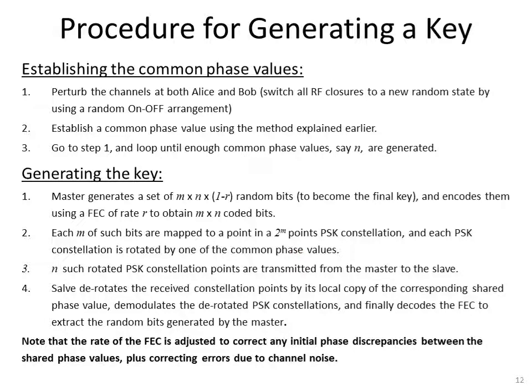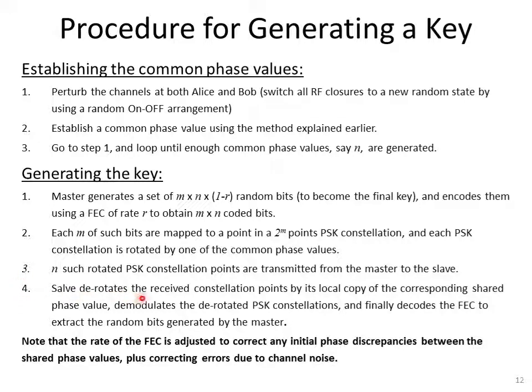So we have n such PSK constellations, and we have n common shared phase values. Step 3, n such rotated PSK constellation points are transmitted from the master to the slave.